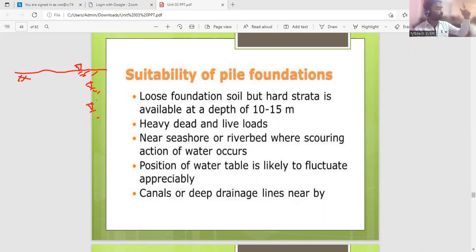If there is a fluctuation of the water table, then you have to go for the pile foundation. Then, when canals or deep drainage lines are nearby: if a canal or deep drainage is running near the foundation, then you have to provide a deep foundation. Is it clear?